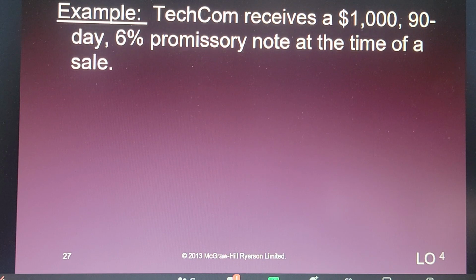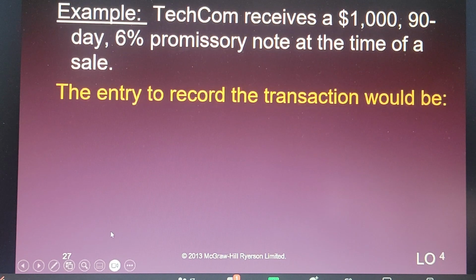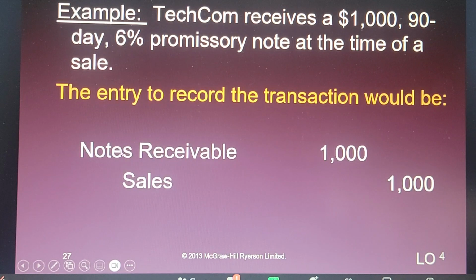You're welcome. So, TechCom receives a 1,000, 90 days, 6% promissory note at the time of a sale. Okay? So what am I recording? I see it says note, just like that, right?